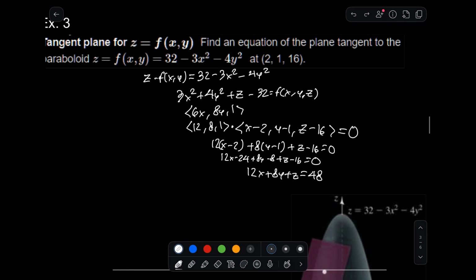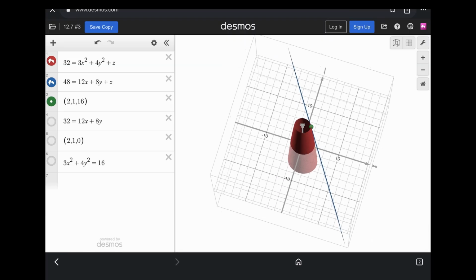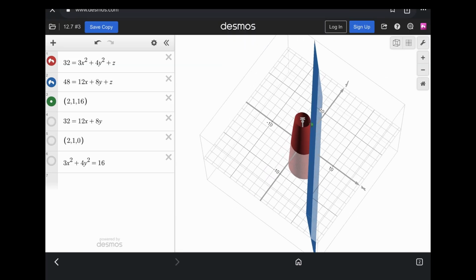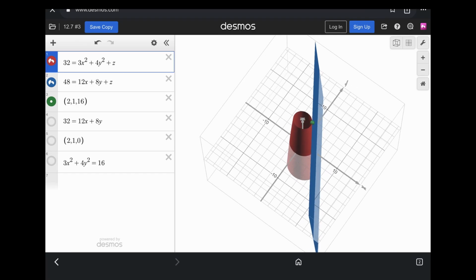And to show this again, I'm going to go to Desmos real quick to show the 3D version of this and model it like that, and then show the 2D version. So now we're looking at the 3D version that we're modeling of this, right? Our green dot right here represents the point in space that we were talking about, 2, 1, 16, right?